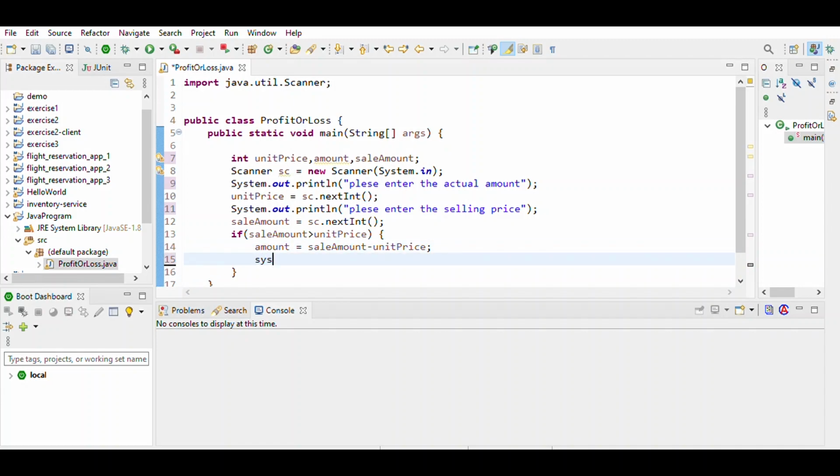Then print the profit. Profit amount is plus amount.